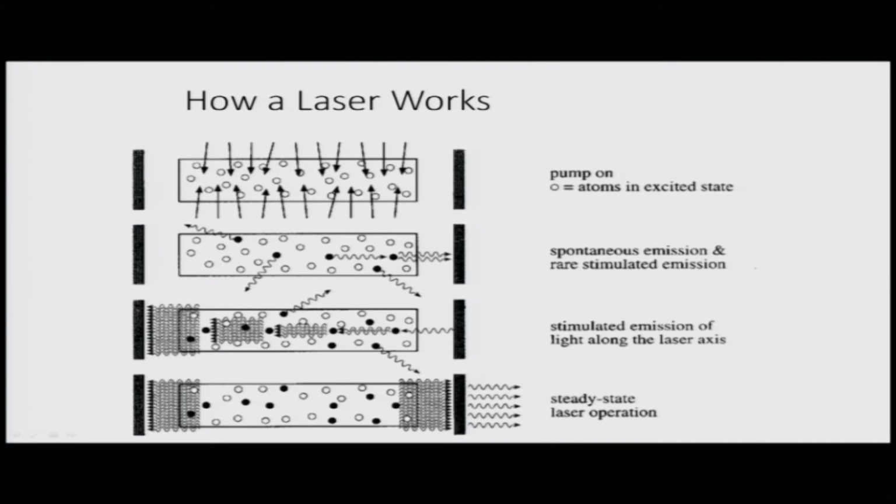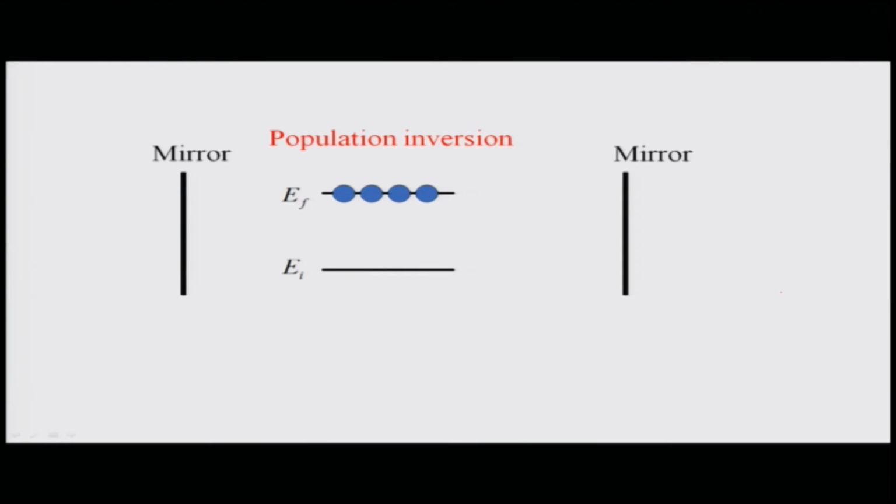Initially it is a rare process, but then it is the one which dominates, because the spontaneous emission goes in every direction and gets lost, whereas the stimulated one keeps on getting saved. That is what gets amplified, and finally along the laser axis the gain starts happening, and a steady state laser operation can occur. That is the basic typical idea about how a laser occurs.